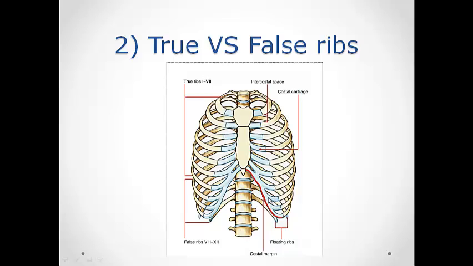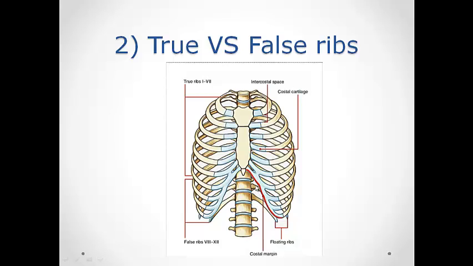It attaches to the costal cartilage of rib number 8, and then that one goes up. And then 10 attaches to 9, and then we go back up. Now the attachment or the fusion of one costal cartilage to the one above it forms a structure found at the lower border of the thoracic cage, and this is called the costal margin.